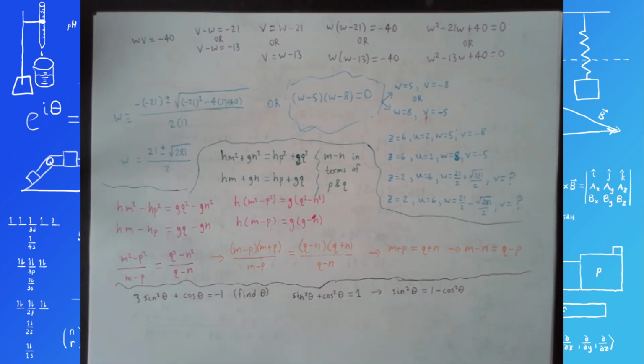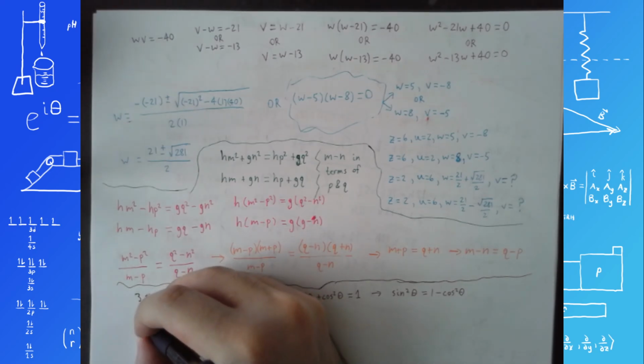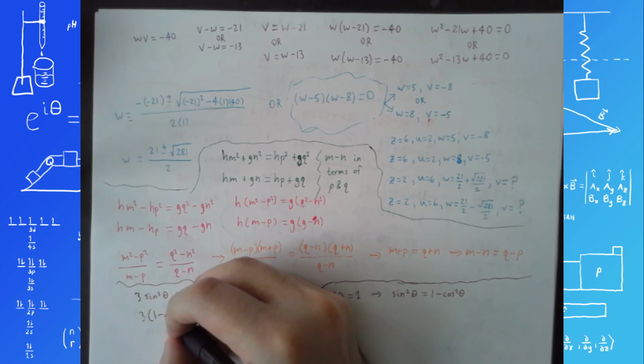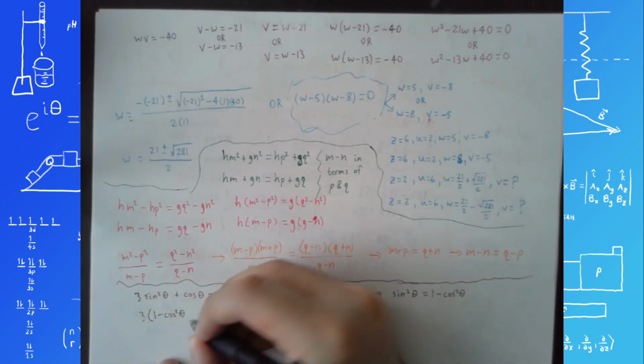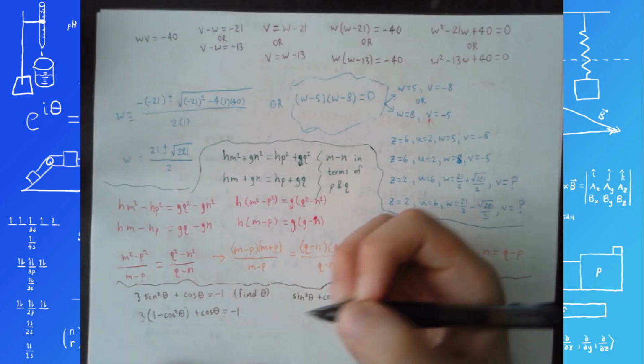If I go ahead and do that here, I will get 3 times (1 minus cosine squared theta) plus cosine theta equals -1.